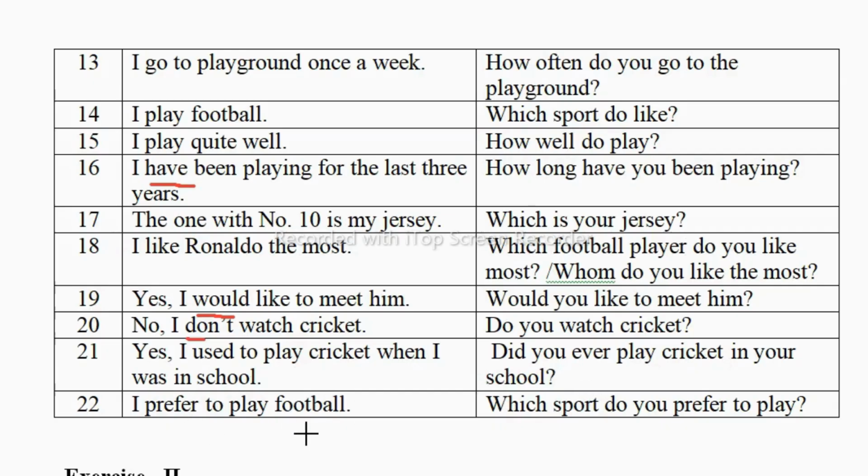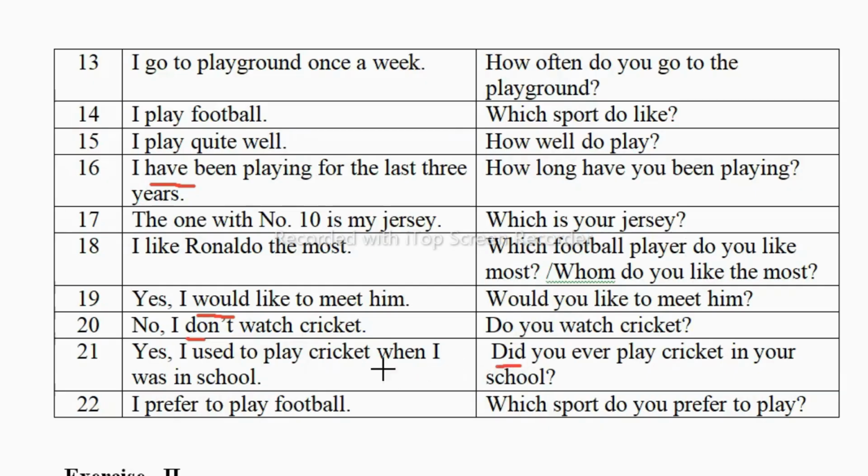Next one, I prefer to play football. Which sport do you prefer to play? Now, one more important thing I want to tell you here: whatever verb they are giving you in the sentence, you have to use that verb to make the question. But if they don't give you a verb, then you have to use either do, does, or did. Did we use for the past tense? As you can see, just now we have did here.